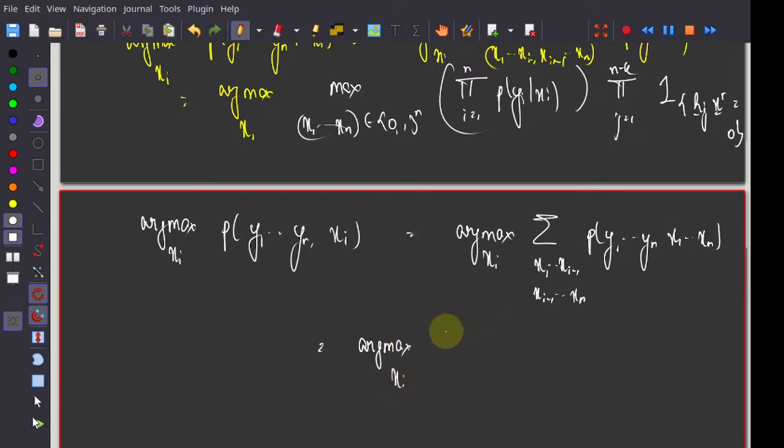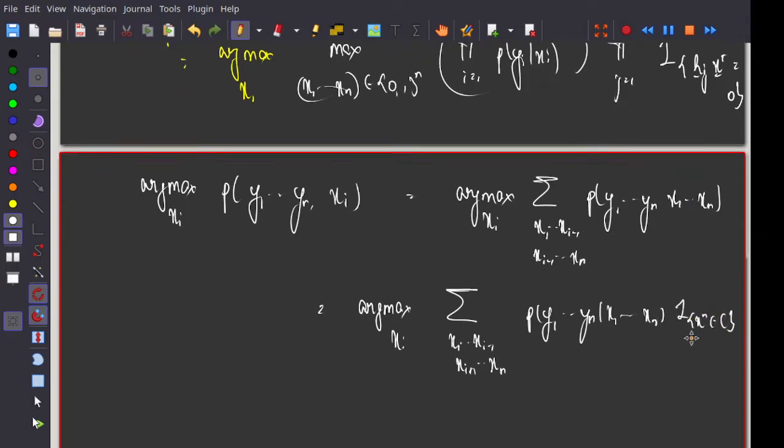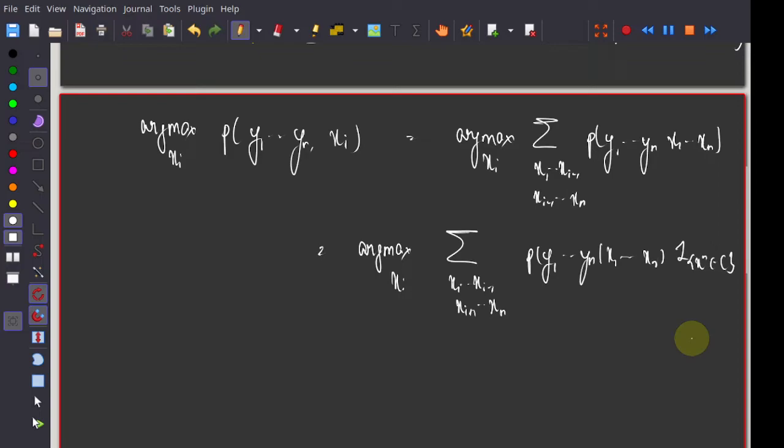argmax over xi, summation over x1 up to xi minus 1, xi plus 1 up to xn, of p(y1 to yn given x1 up to xn) times indicator that x is a valid code word. Correct?